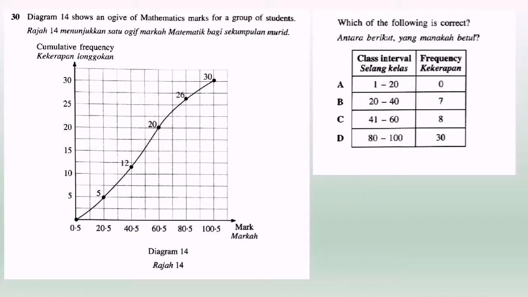Question number 30. Diagram 14 shows an ogive of mathematics marks for a group of students. Which of the following is correct? First we check the class interval.